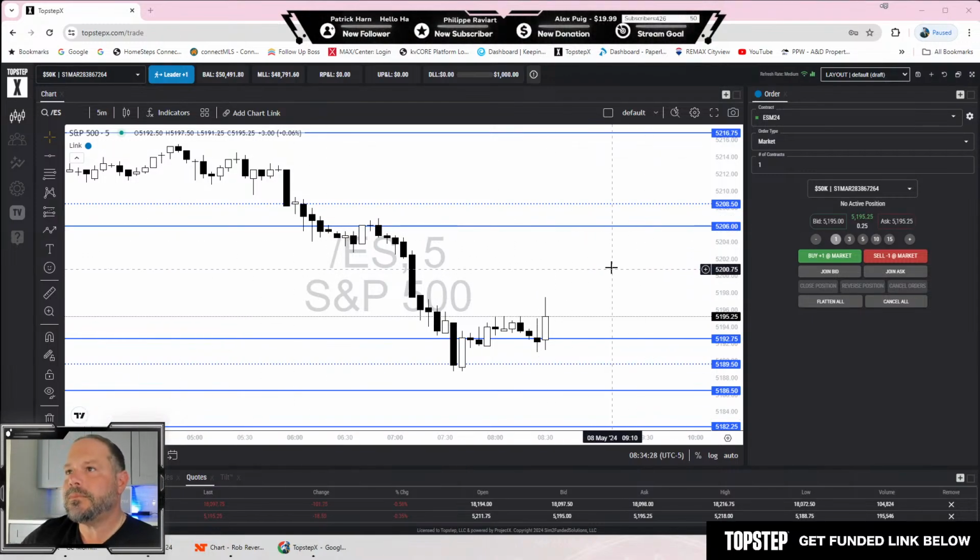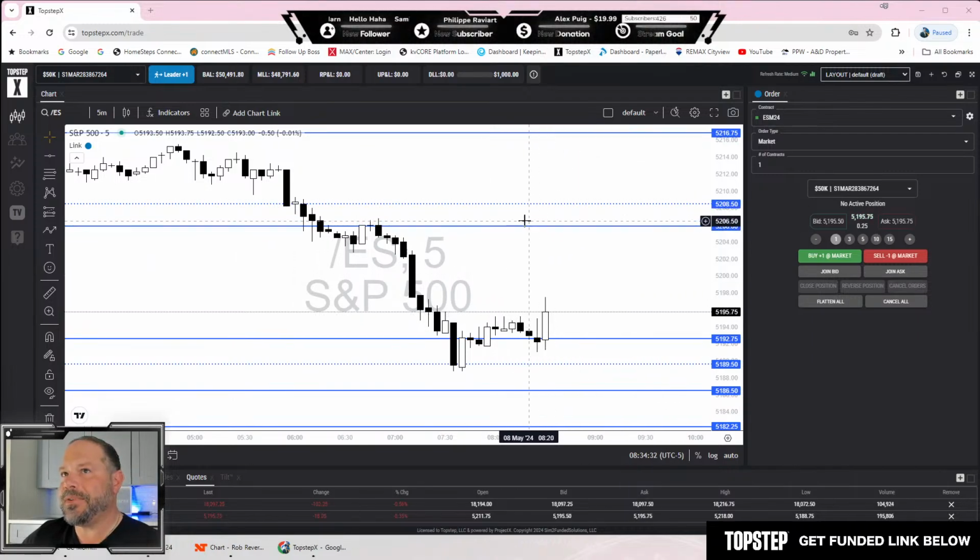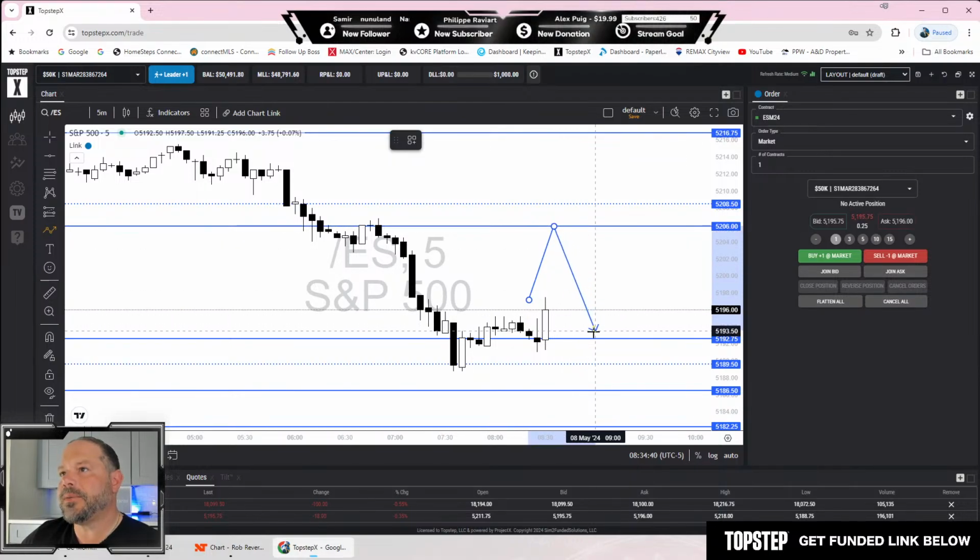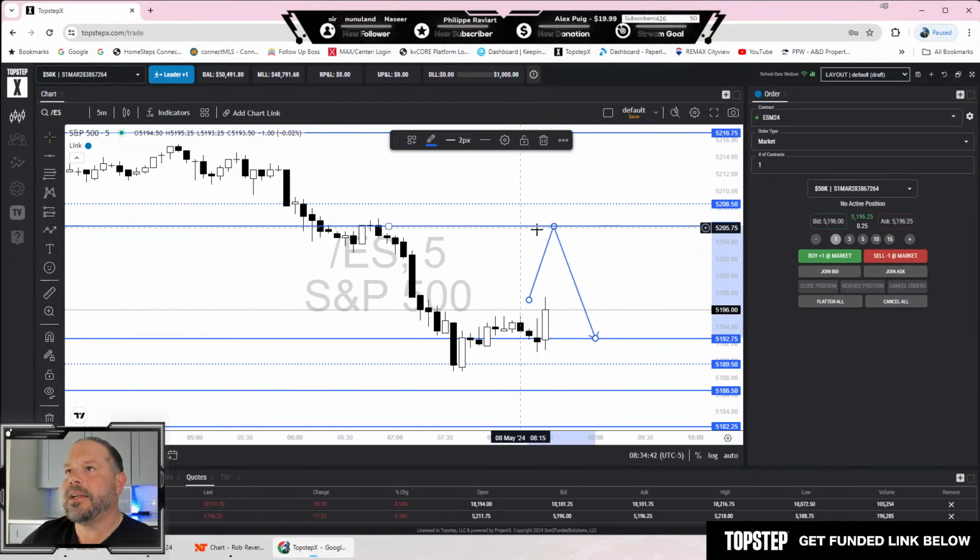So right now on the ES, this would be the only trading opportunity that I would probably take a look at is, again, a movement right to here with a clear rejection down to here, and then I will use this as a stop loss.